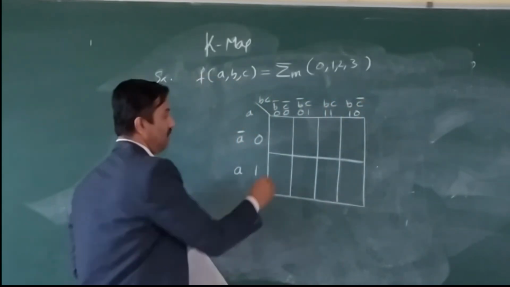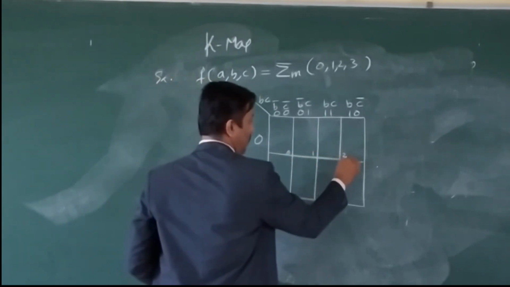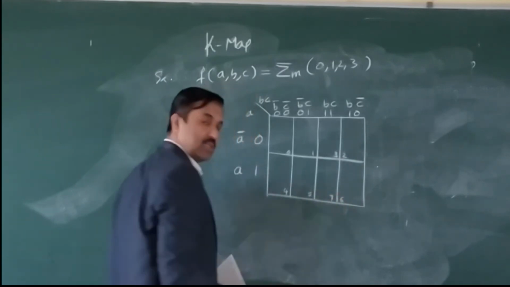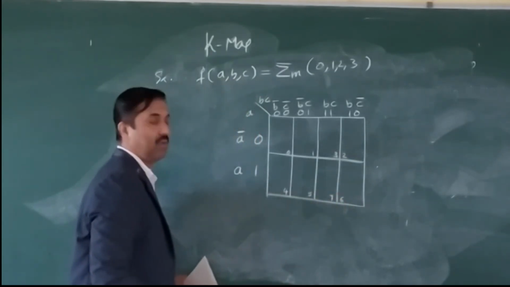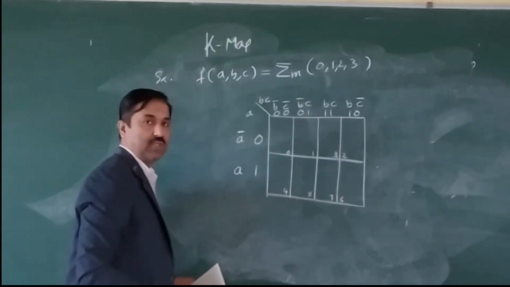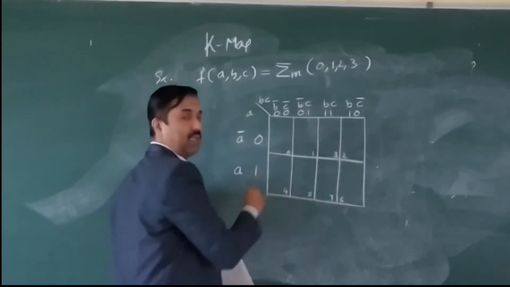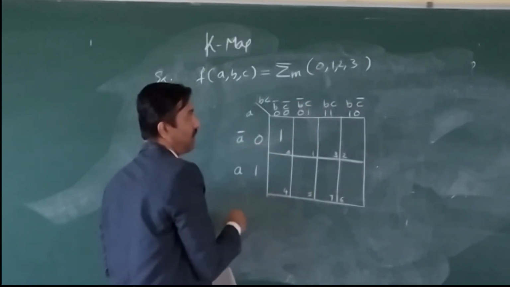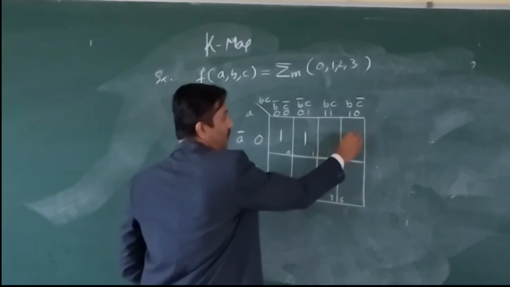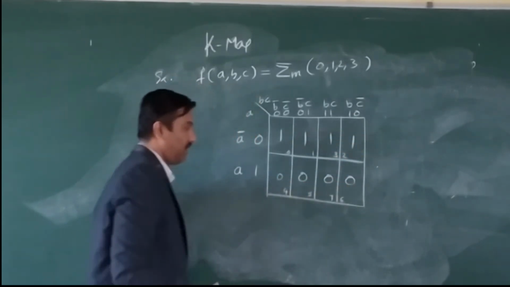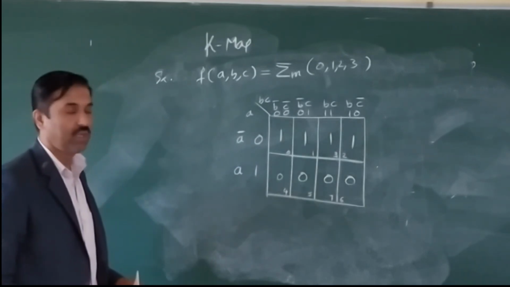Now 0, 1, 2, 3, 4, 5, 6 and 7. Now check the numbers and put ones in the cells representing the same number. So 0 is there, I put 1 in this particular cell, 1 is there, 2 is there and 3 is there. The remaining cells are not a part of that expression, so I put 0 there.